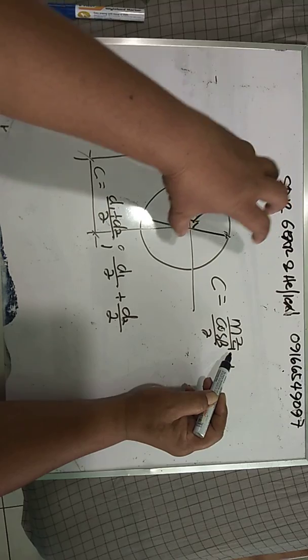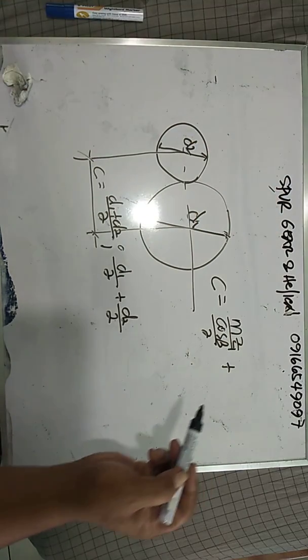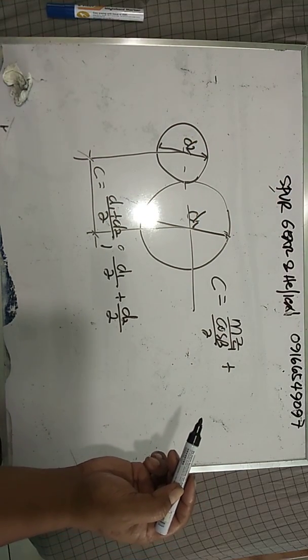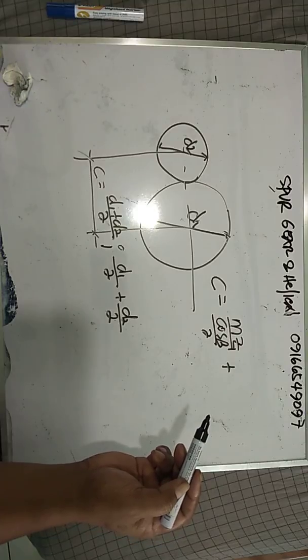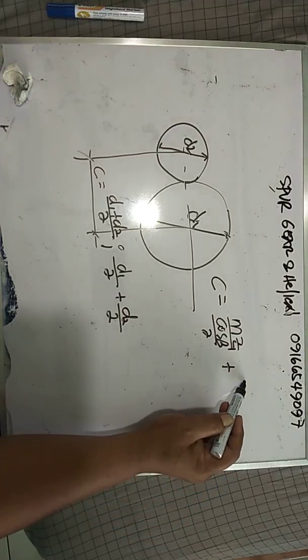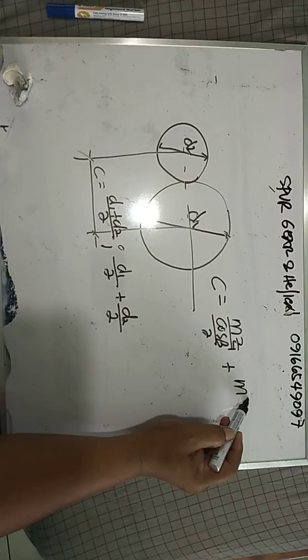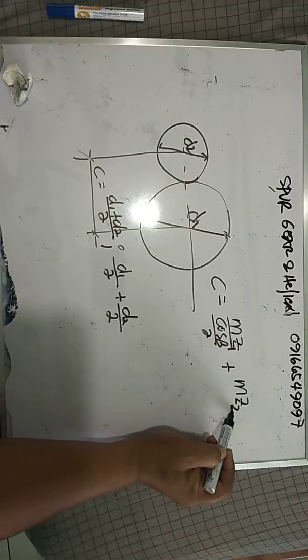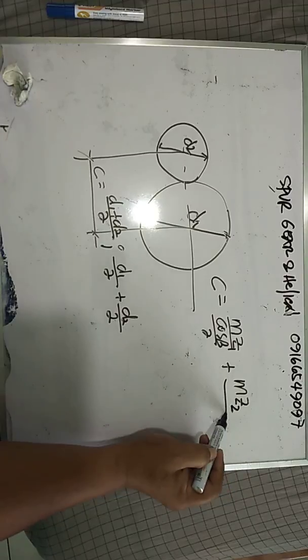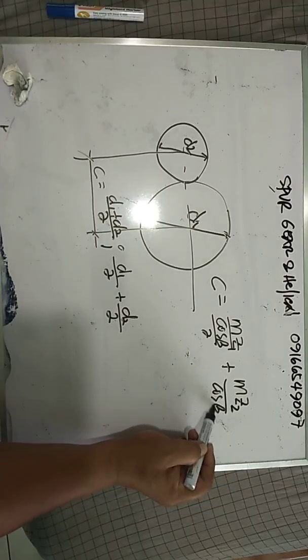D2, which is module times the number of teeth Z2 over cosine beta, over 2.